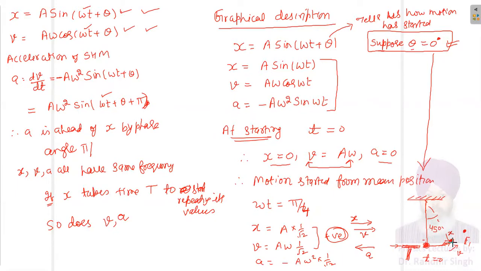But this motion is retarded, so its velocity will be maximum here, and as it goes away from the mean position, velocity will decrease because acceleration is negative, rather it is a deceleration. So this acceleration is directed toward mean position. If you have any doubt, please ask me, otherwise I will add a new page. Please tell me if you have any doubt.